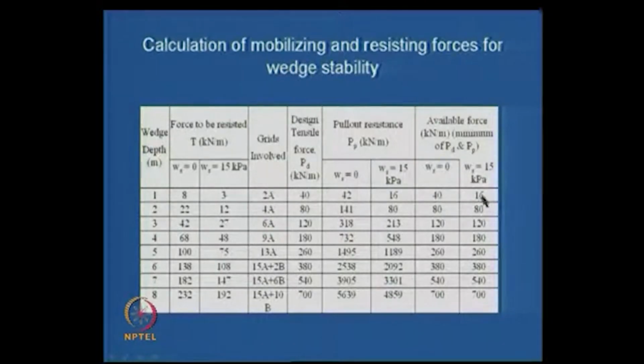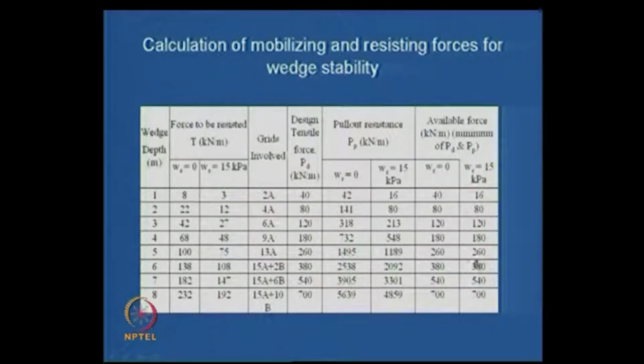See that you have to compare, both of them you have to compare. Available force, minimum of PD and PP, okay, 40, okay. So here it's 80, okay.